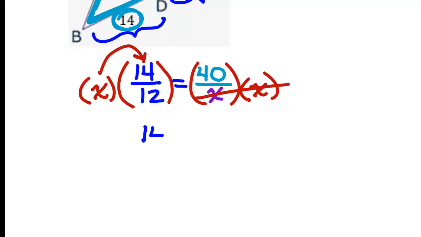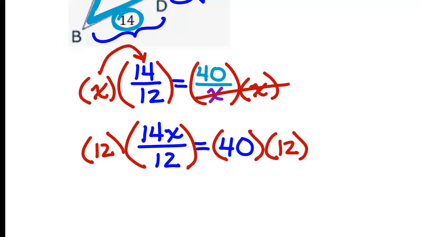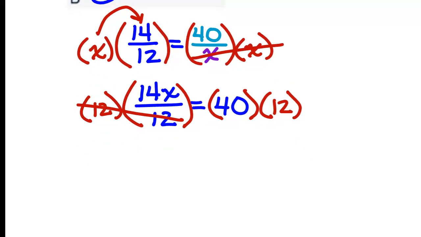So I would have 14x over 12 equals 40. Then we multiply by our other denominator. We multiply both sides by 12. Cancels out my second denominator, so I get 14x equals what? 480. And then we divide both sides by 14.